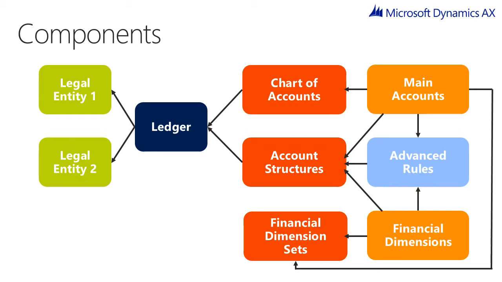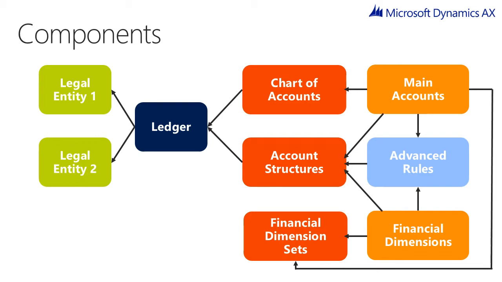Advanced rules are another optional feature that allow you to create more granular rules for allowed combinations and for adding additional segments to a specified range of accounts or dimensions. After you have created the chart of accounts and account structures, which are all shared across all legal entities, you must link them to one or more ledgers, which allows you to then enter company-specific information on the main accounts and financial dimensions.